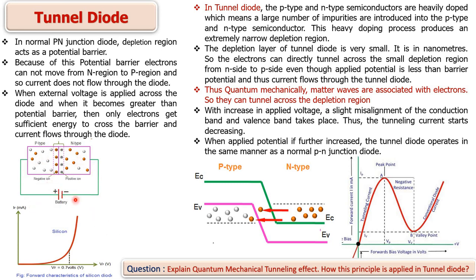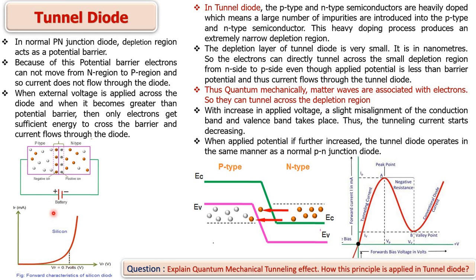We can show these characteristics in a graph. This is the IV characteristic of a normal PN junction diode. Initially, the current flowing through the diode is very small, because the applied potential, or energy of the electron, is less than the potential barrier.